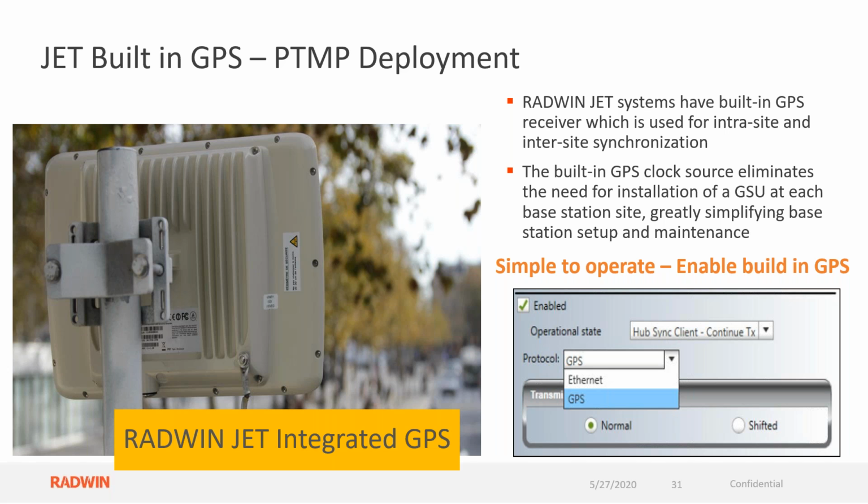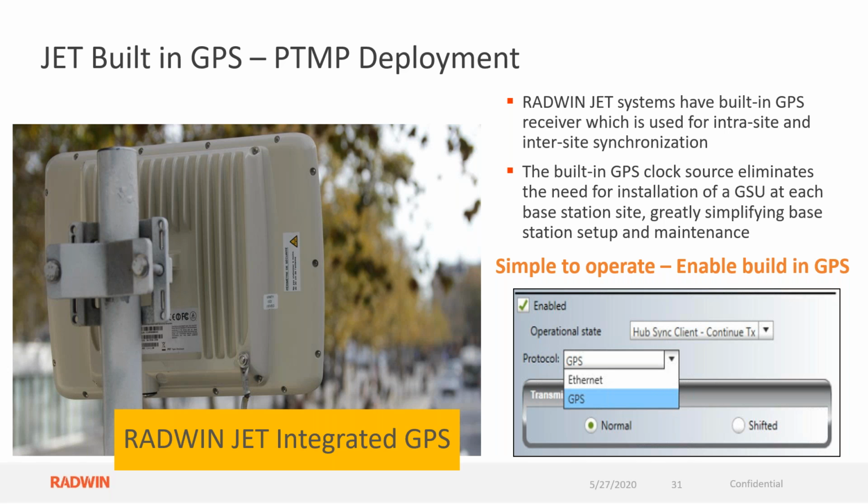The RADWIN JET system has a built-in GPS receiver, which is used for intra-site and inter-site synchronization. The built-in GPS clock source eliminates the need for installation of a GSU, greatly simplifying base station setup and maintenance.